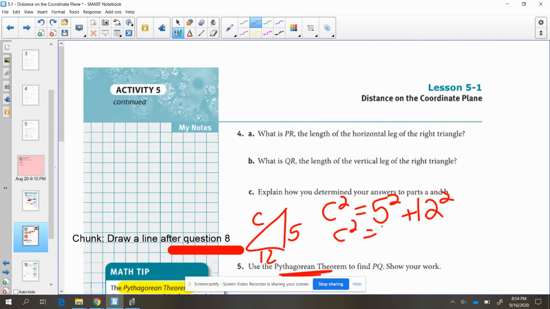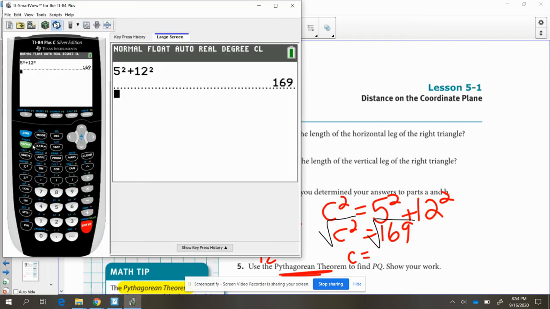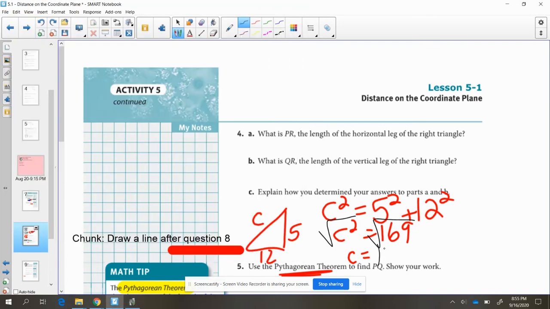So c squared equals 169. And then to just get c by itself, we need to square root. So we're going to hit second, square root, 169, enter, and we get 13. So the length of that segment is 13 units. PQ is going to be 13 units long.